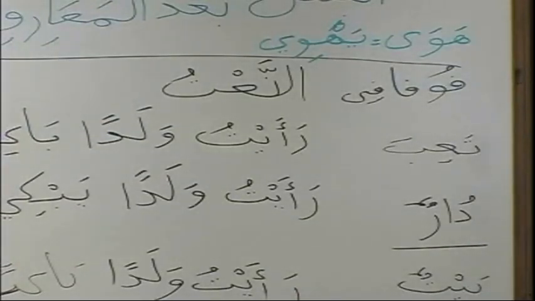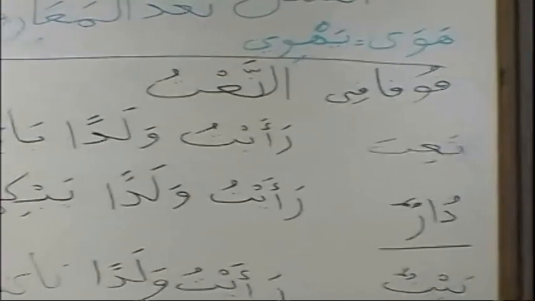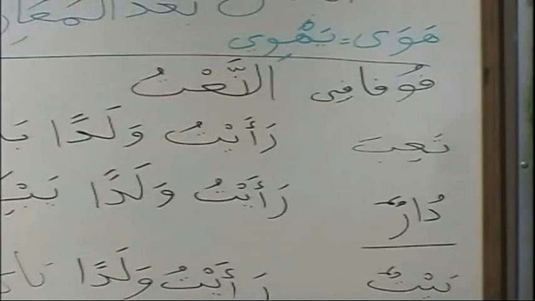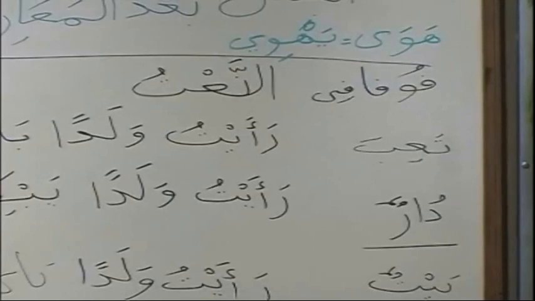Why is it mansub? Because it is mafulun bihi. Who made fa mafulun bihi? Fatihan, Ismu fa'il. Please make note of it. This is a very important point. It's not difficult. What happens, brothers and sisters, when new things come? We should take note of it and try to remember. And inshallah, next time it will click to you directly.